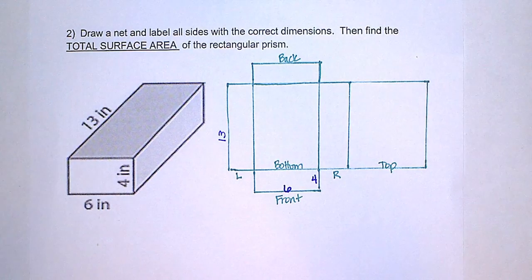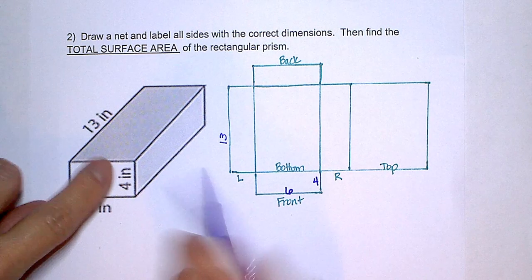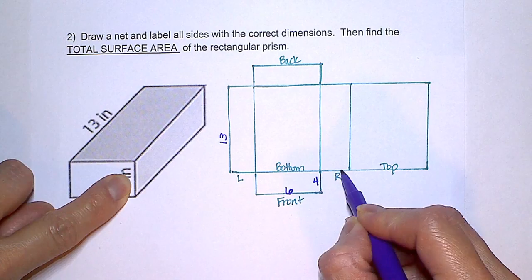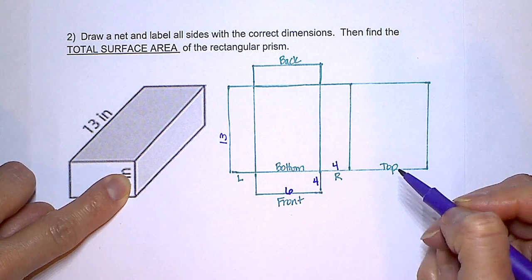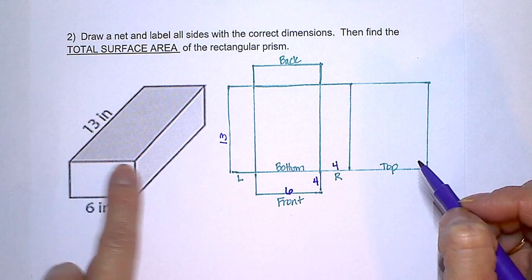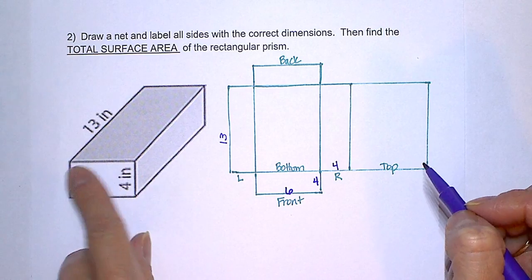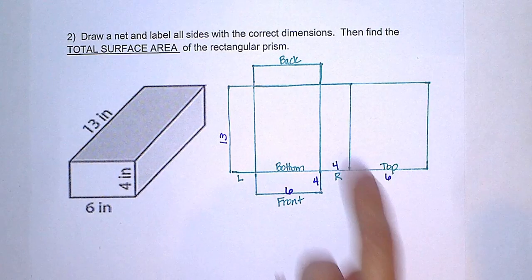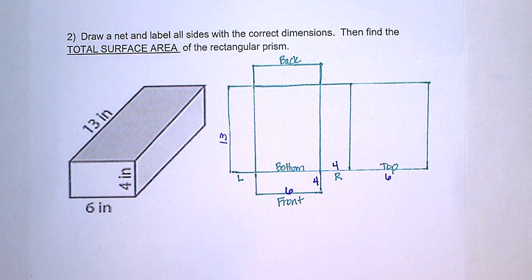Now I'm going to label a couple different parts. This 4 right here is also this little part of the right side. So this is 4, and then here's the top again, so this part of the top right here is also 6. So I'm just kind of plugging in a couple of different numbers that I know.